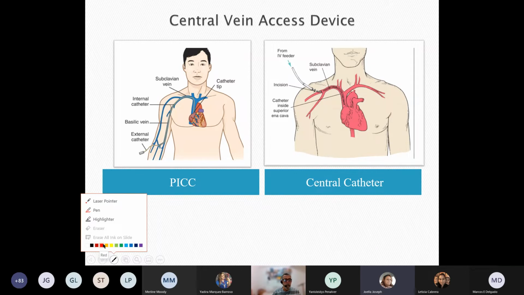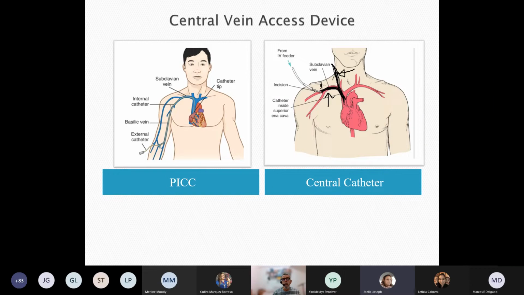The PICC line will have less risk than a catheter directly introduced in the jugular vein or in the subclavian vein, which is much shorter. So a central catheter introduced in the subclavian, this is the subclavian vein, or in the jugular vein, this is the jugular vein, is going to be more prone to have an infection than a PICC line. Why?